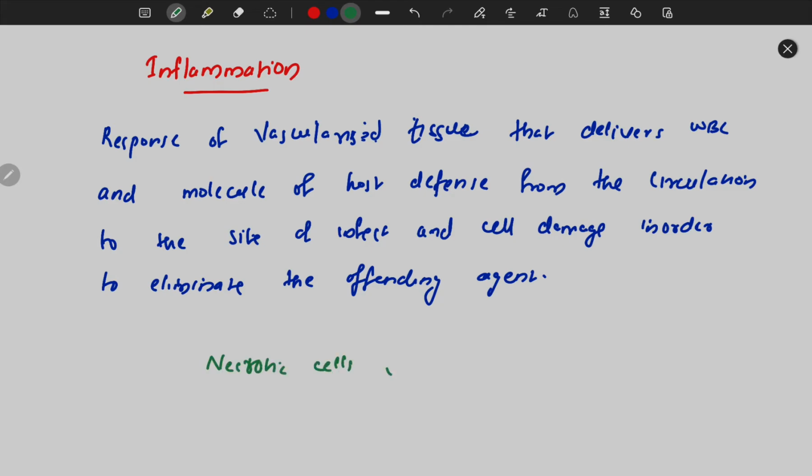Necrotic cells and tissues, microbes and toxins all get eliminated.